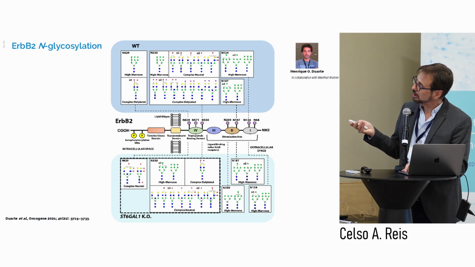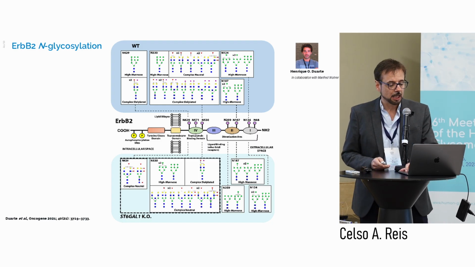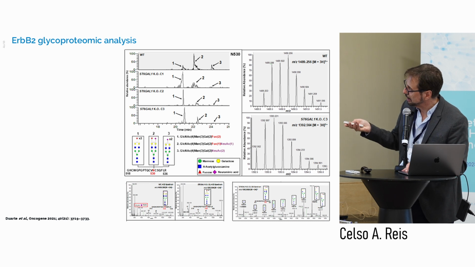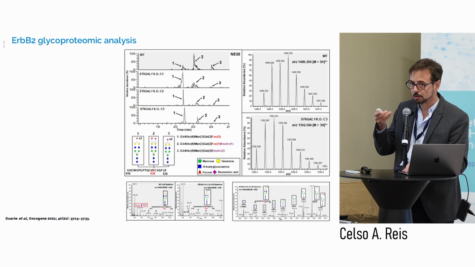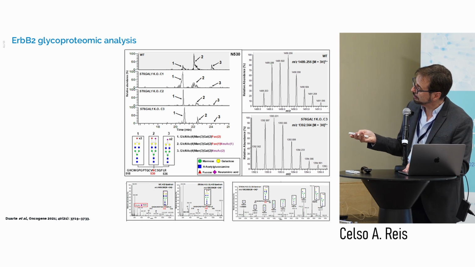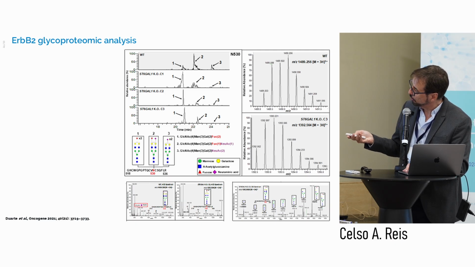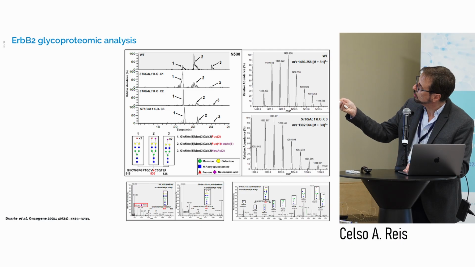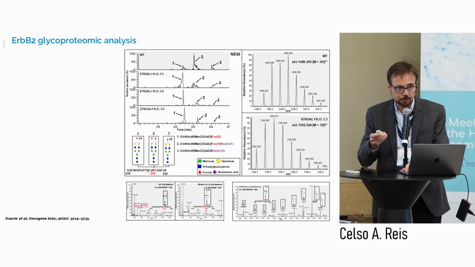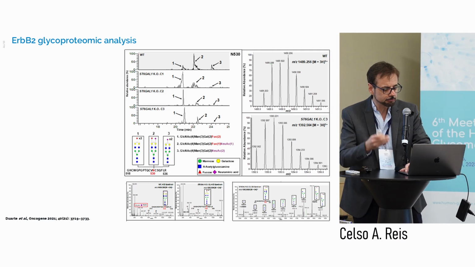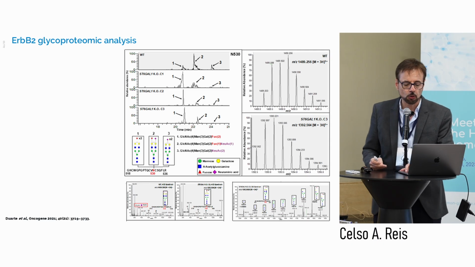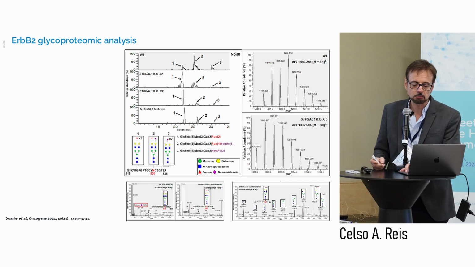So we studied this receptor with different glycosylation features, and this is just an example of the very nice data in which it was possible to characterize the N-glycoforms by fragmentation of the N-glycan in a specific site, in this specific peptide, which includes the asparagine 530 of the receptor. So you could really have this in-depth characterization of the protein and its glycosylation.